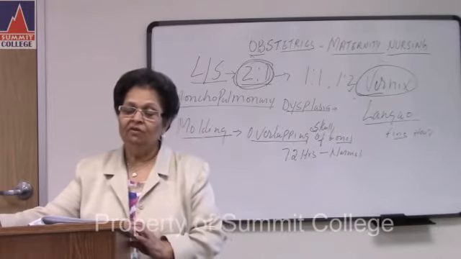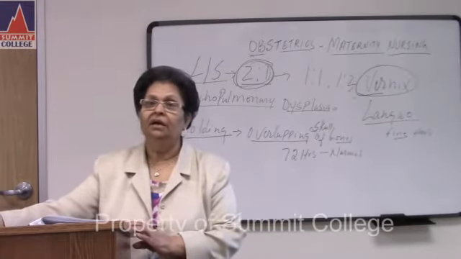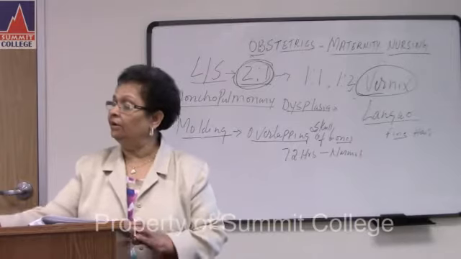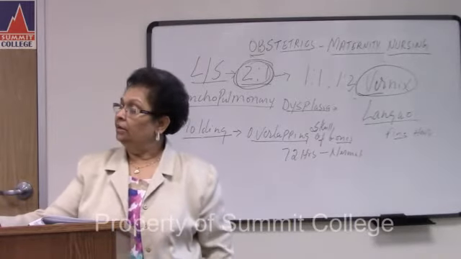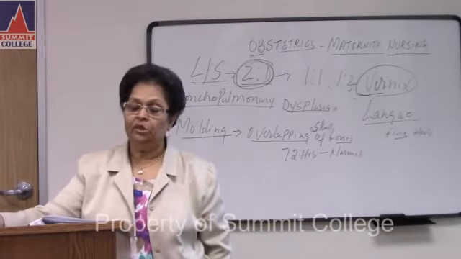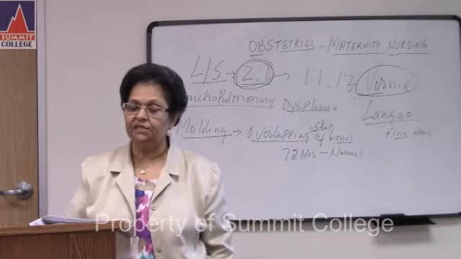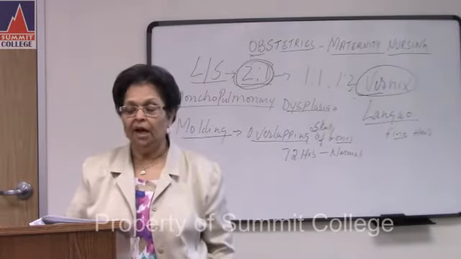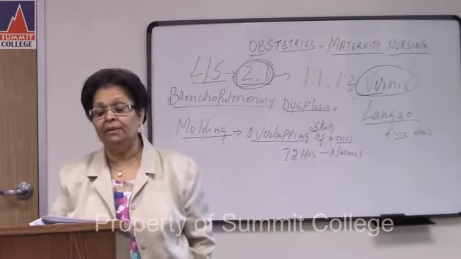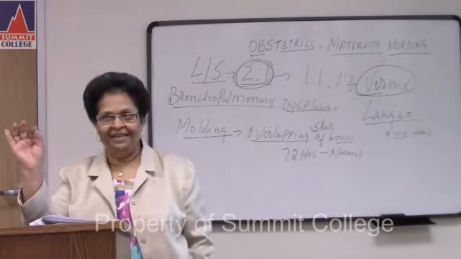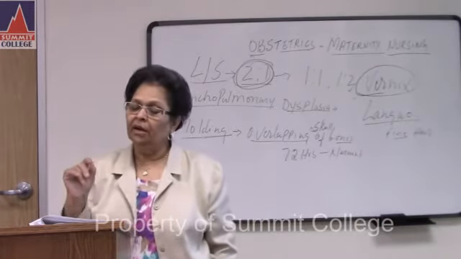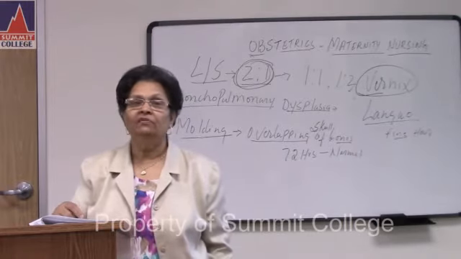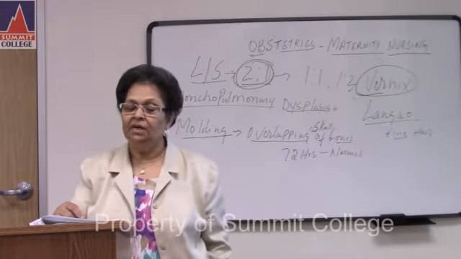Skin, vernix caseosa, dark red color. So the next is the vernix caseosa you have on the skin. Dark red color is common with the premature baby. Highlight that word. Dark red color is normal with who? With premature babies.